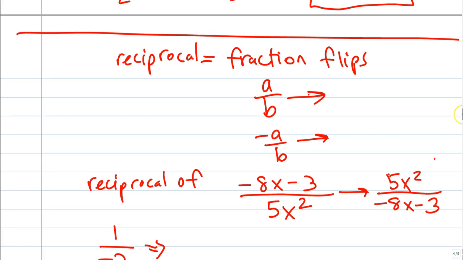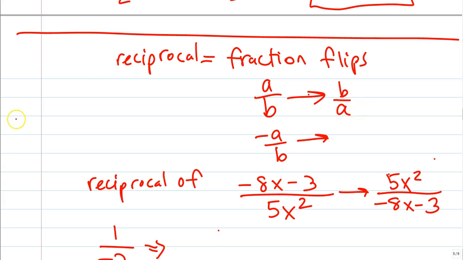When we talk about reciprocal, you have to remember all this means is that the fraction flips. This is also known as a multiplicative inverse. The idea is you're going to cancel out multiplication. a over b, if I flip that, becomes b over a.